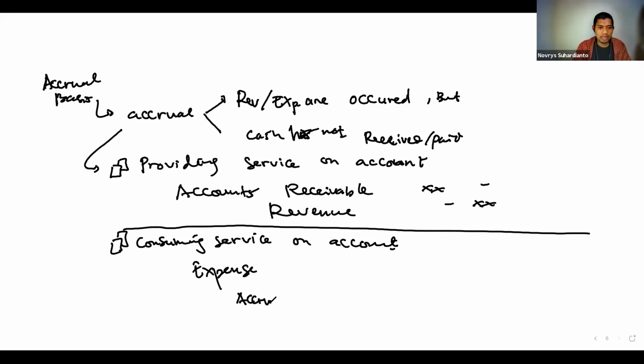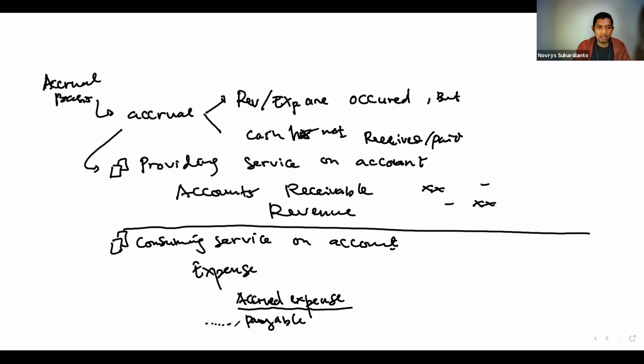there are many accounts used for this thing. Sometimes people use accrued expense. Sometimes they use payable.